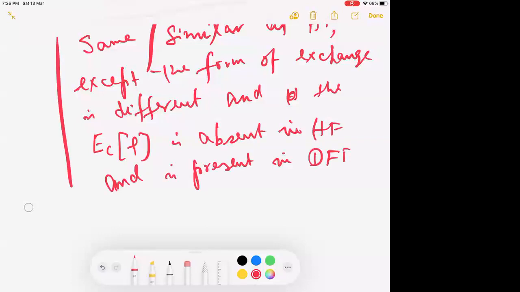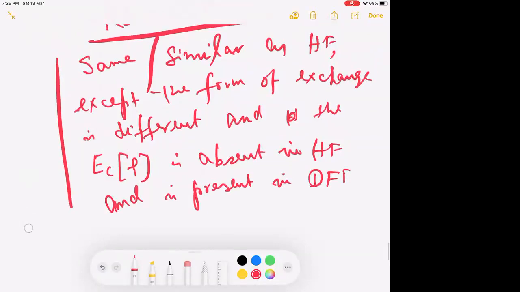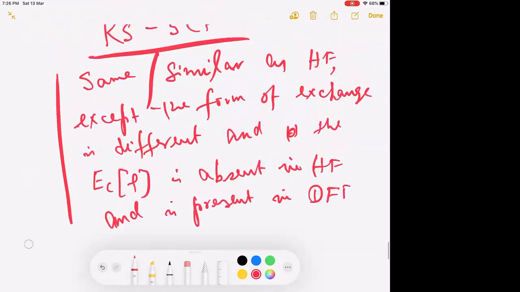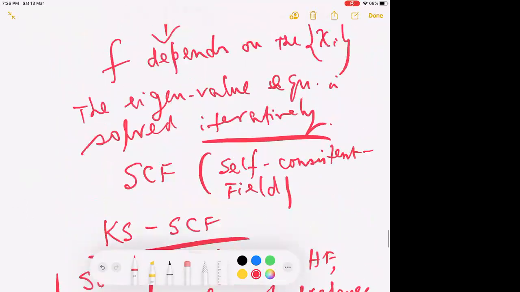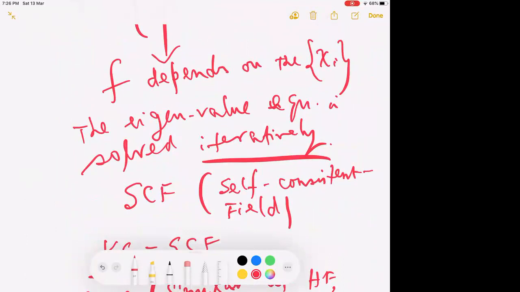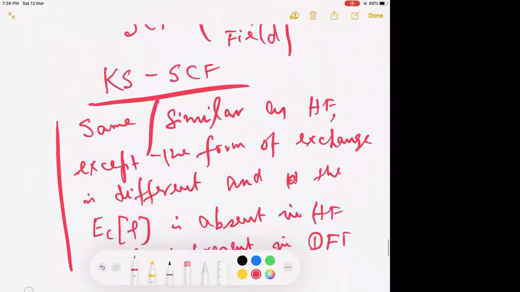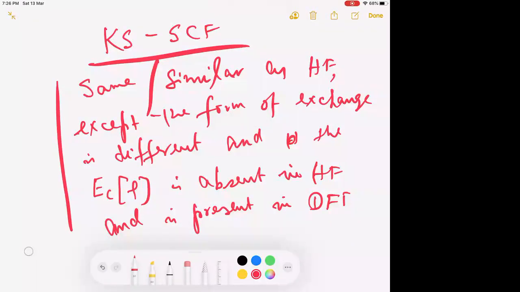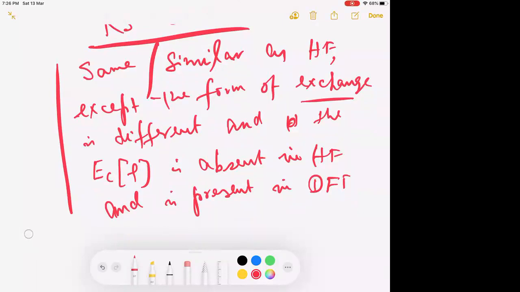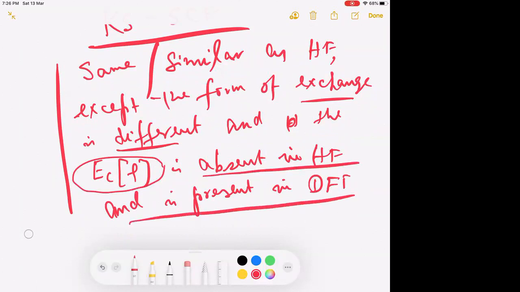And here I must pause to tell you what I have been saying before, that although DFT is very similar to Hartree-Fock, remember I have been saying the computational cost is similar, but DFT is better than Hartree-Fock in accuracy. And now you will appreciate why. First, the exchange term is a bit different, but most importantly, the correlation part was completely absent in Hartree-Fock, but now it is present in DFT.